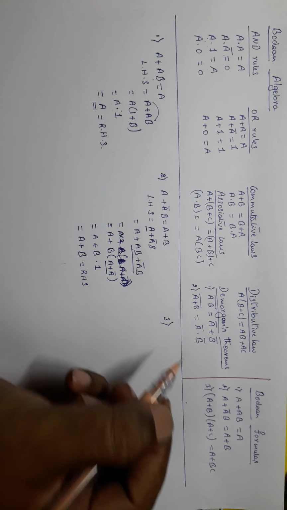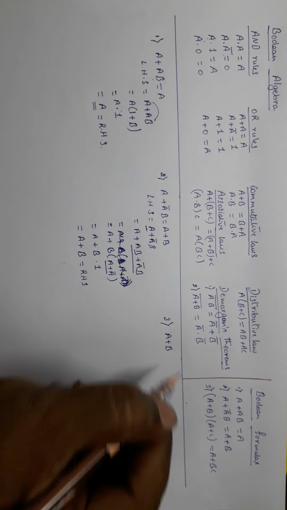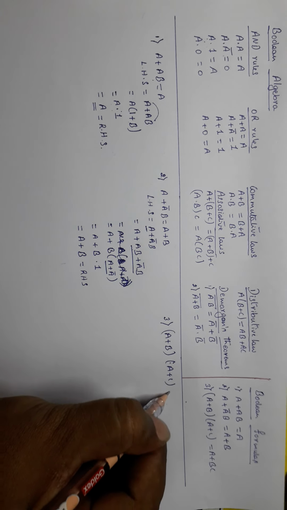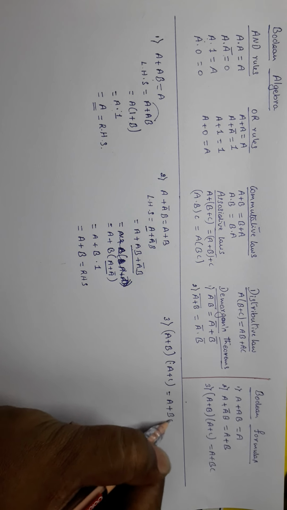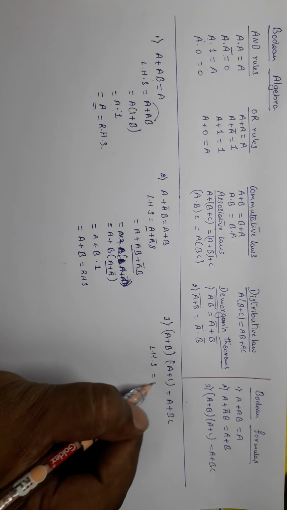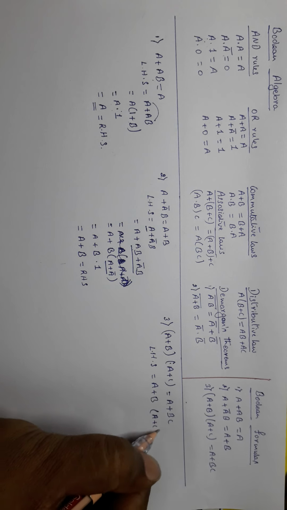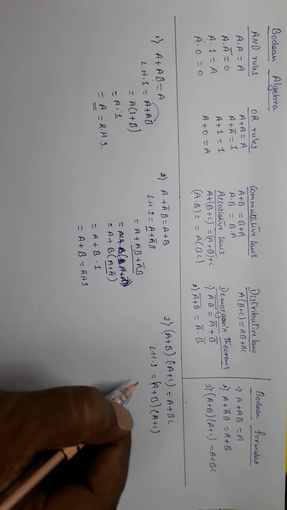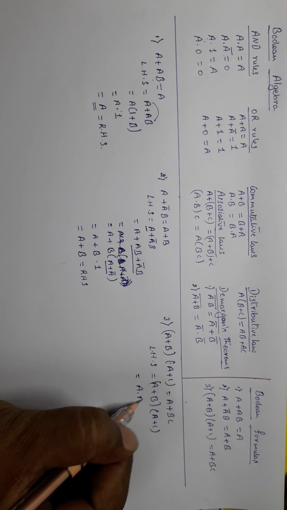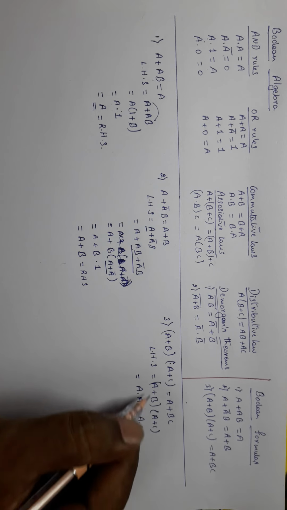The third formula, we can prove the third formula also. A plus B into A plus C equals A plus BC. So we take the LHS equals A plus B into A plus C. So A into A plus A into C by using the distributive law.